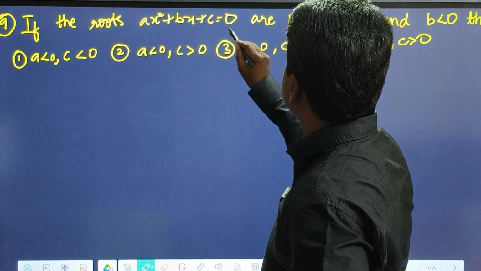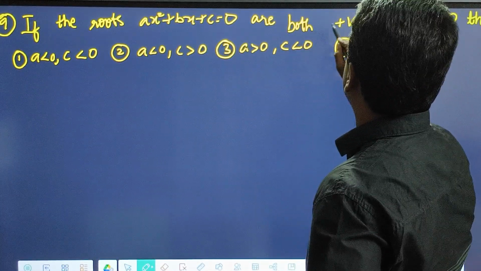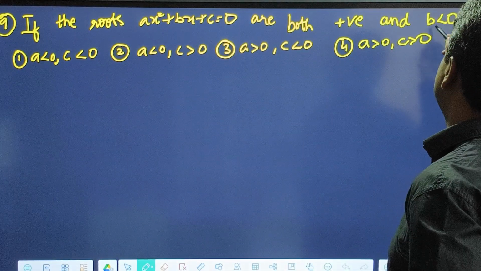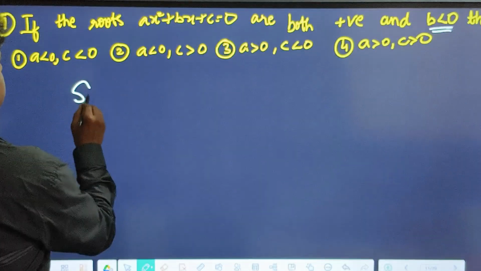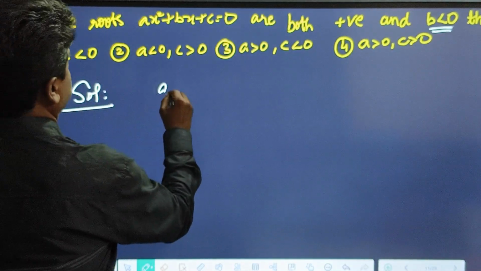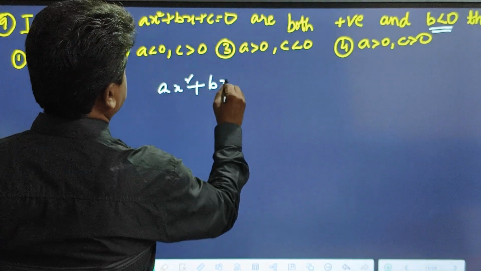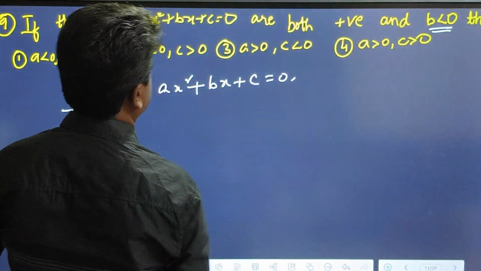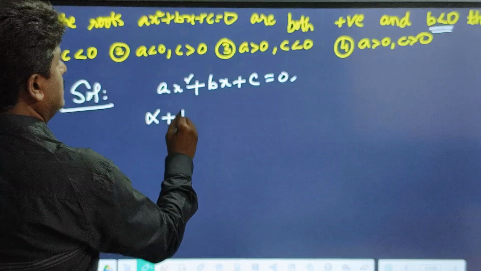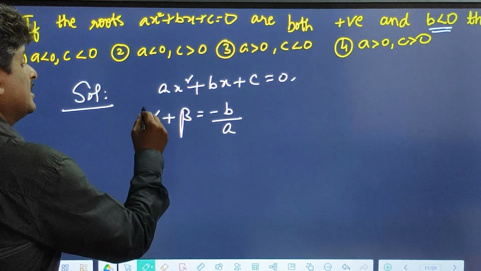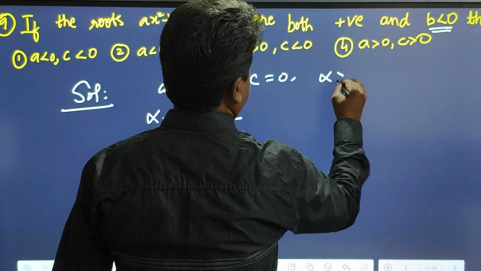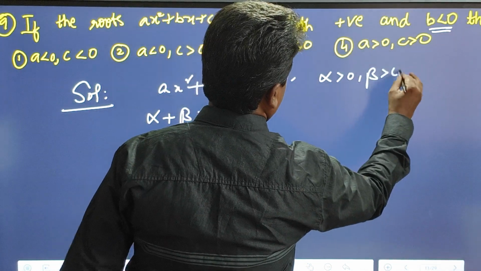If the roots of ax square plus bx plus c equals 0 are both positive and b less than 0, then which of the following is correct? Do observe that for ax square plus bx plus c equals 0, the roots are alpha, beta. Alpha plus beta will be minus b by a. Alpha greater than 0, beta greater than 0.